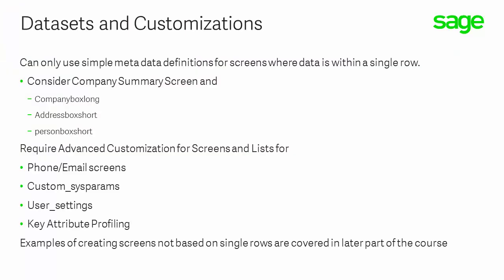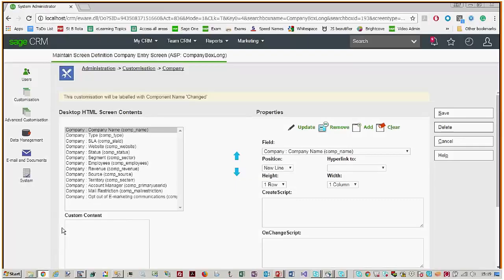What that's all about is that you've got this simple definition of a single row, describes the company, describes an address, describes a person. But when we come on to other areas like the user settings, like the phone and email screens, or even areas within the administration screens where the information is held inside system parameters, there it changes, because those are not covered in a simple single way.